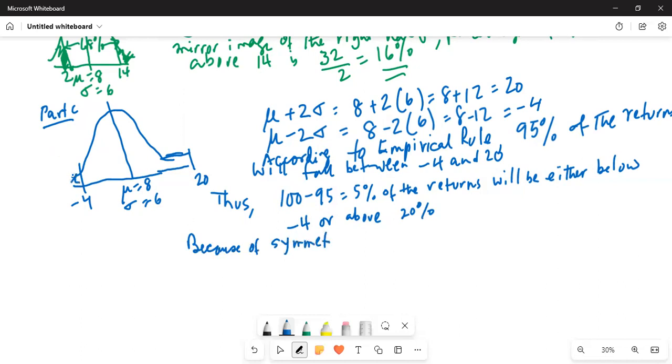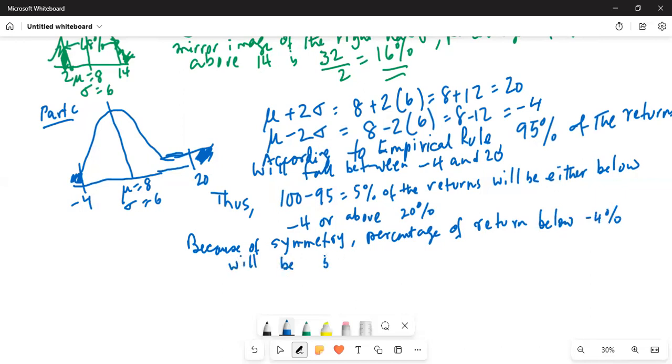So this area plus this area together is 5%. The percentage of returns below minus 4% will be 5 divided by 2, which is equal to 2.5%.